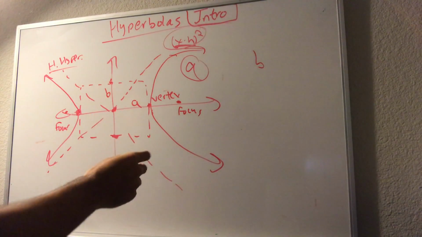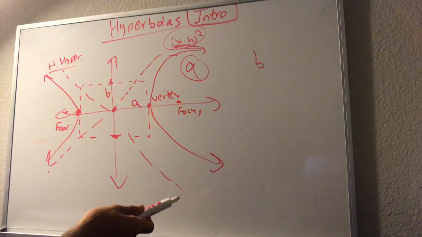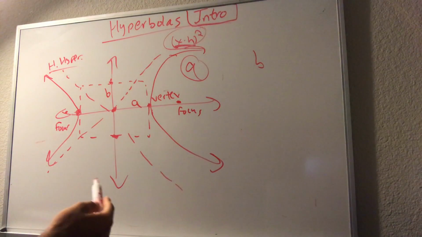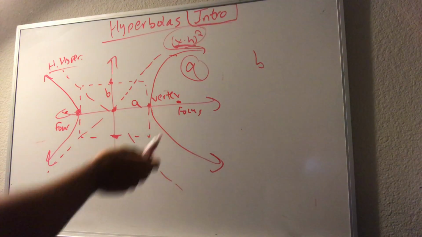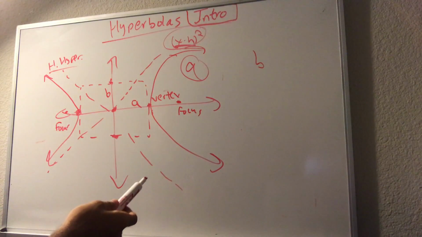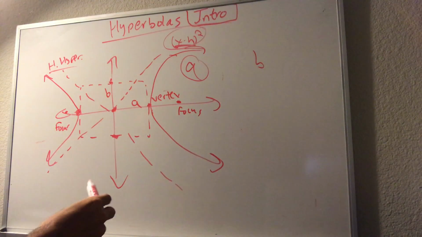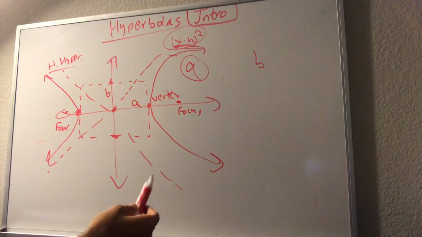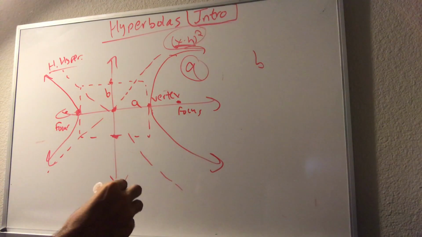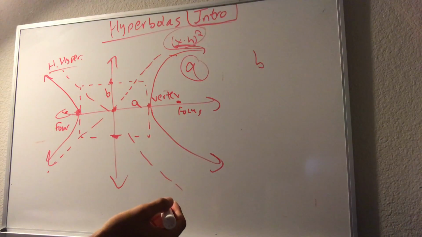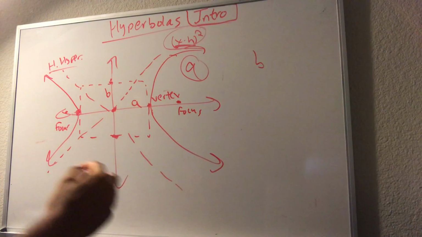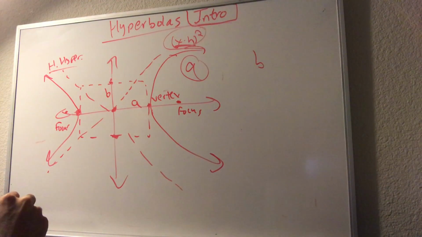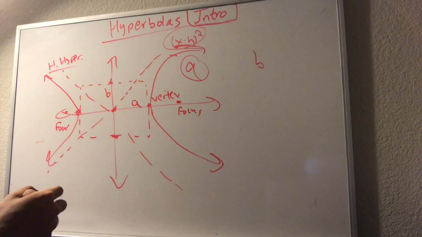Again, when we were looking at ellipses, you saw that the focus was inside. However, in this one, the foci are outside the box, beyond your vertex. Therefore, the formula does change. As I was saying, a squared equals b squared plus c squared applies for an ellipse.